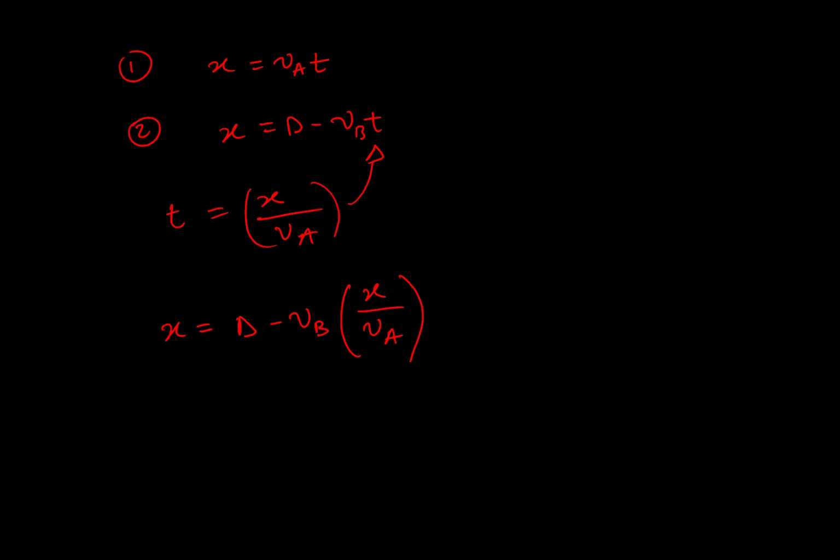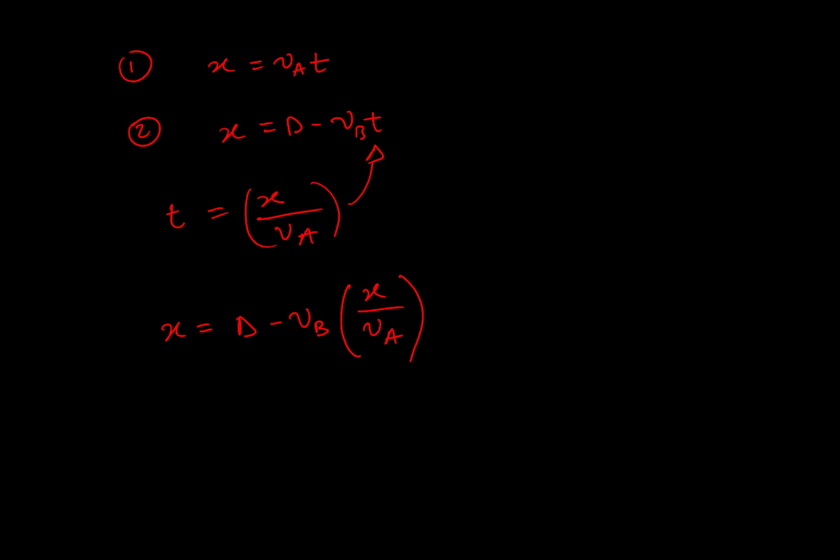Our question is to look for x, so we need to take all the terms that contain x to one side of the equation and the rest to the other side of the equation.